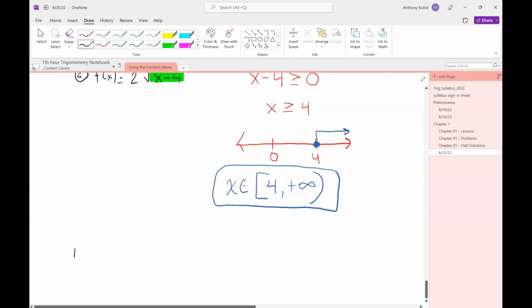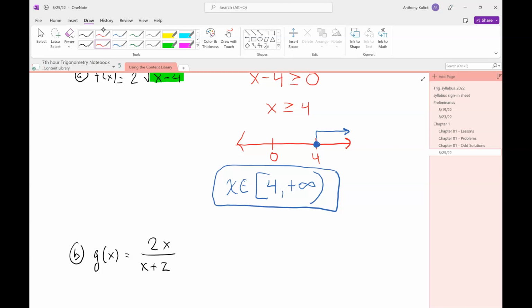Now let's do another one. Okay, so the first thing I'm going to look for, is there any division going on? Yes.